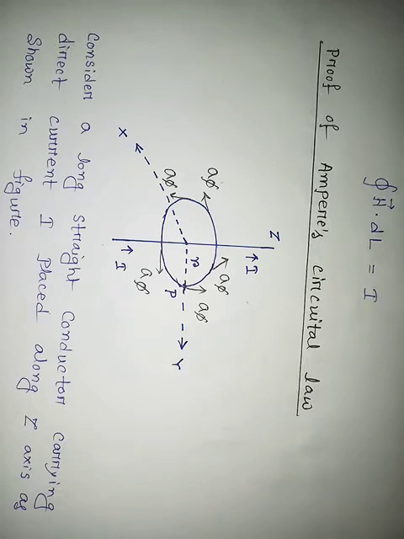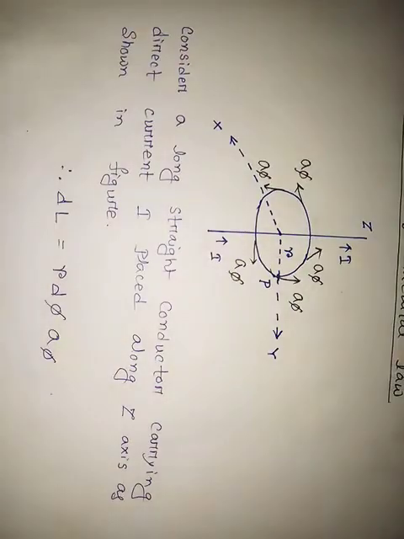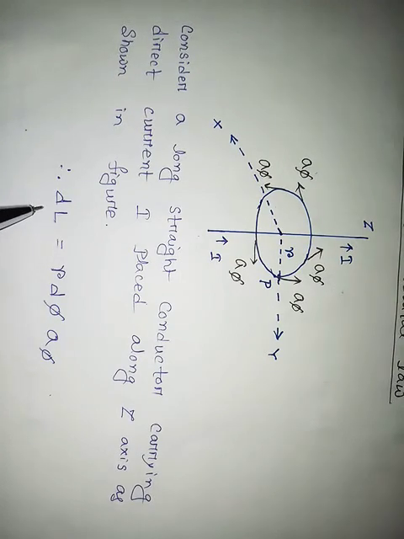Here an angle phi should be created, so we are taking the phi direction tangential to the circular path at point P. That is, differential length dl equals r d phi along unit vector phi.